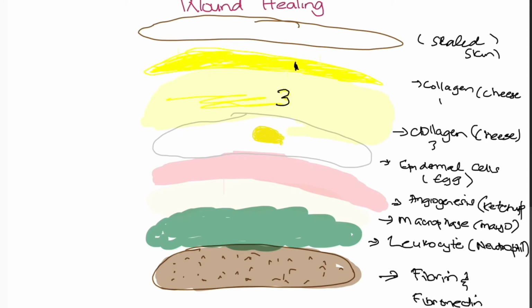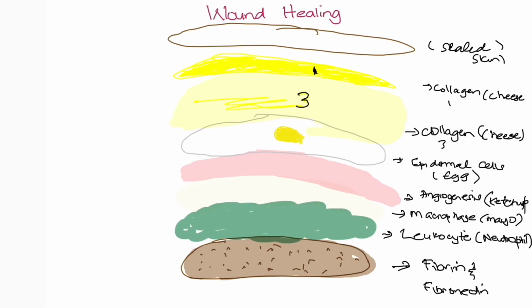And then after that, we lay down our collagen. So that's our cheese. So we put a lot of cheese at first, right? And then we look and we're like, no, we need more cheese, right? Everybody loves cheese. So then we put one more layer of cheese, which is our collagen 1. So it's collagen 1 that replaces the collagen 3, which is the extra layer of cheese. And then we seal everything off and our wound is fine.